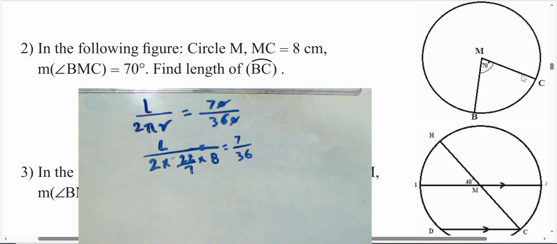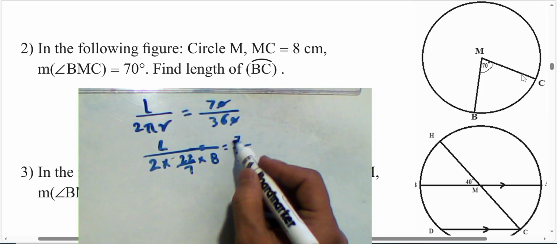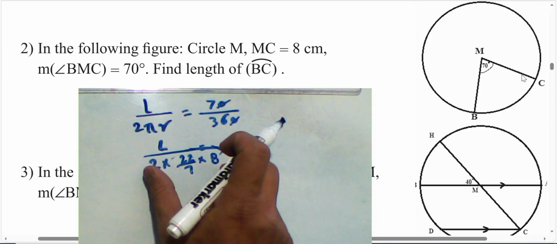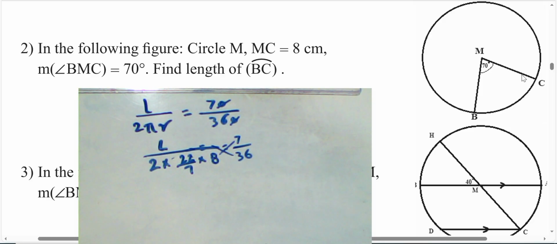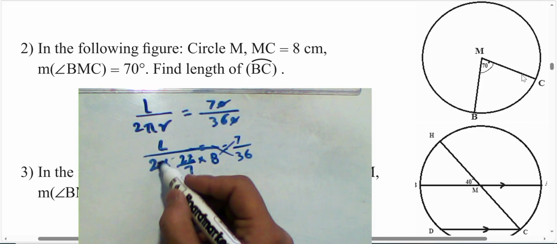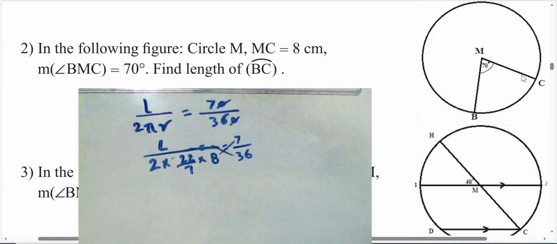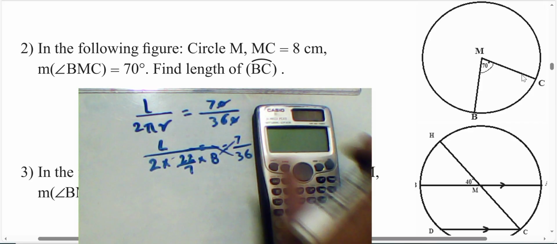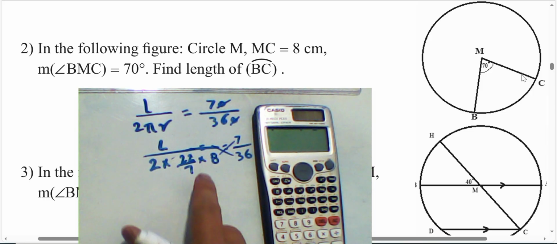You can use a calculator to find the answer. Length equals 70 times the circumference divided by 36. You can simplify here, 2 times 8 is 16, and then find the answer, but if you use a calculator it will give you the answer directly like this.